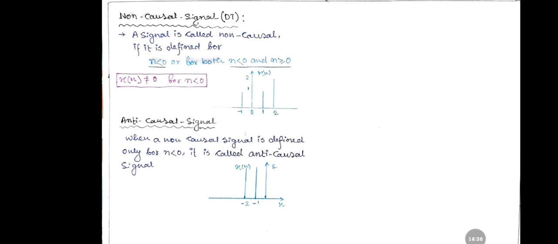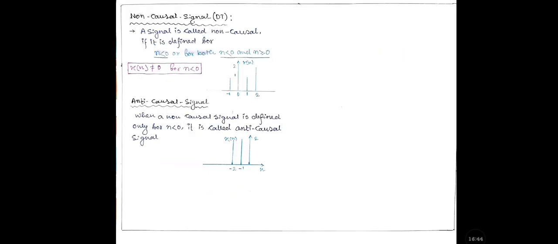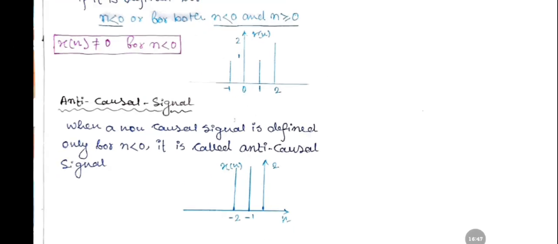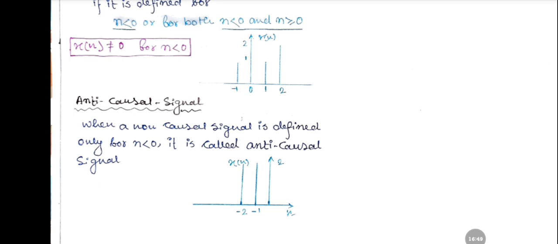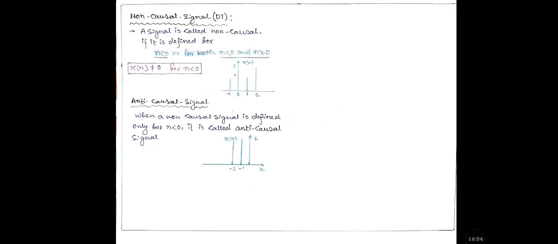This is similar to the previous continuous-time case, where t is replaced with n, an integer, and this is the representation of the signals. Today's presentation ends here. This is the classification of signals, and there are five different types of signals. Thank you.